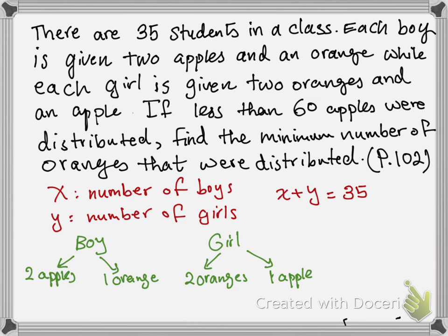Okay, if less than 60 apples were distributed, so we don't know exactly how many apples, but we know it was less than 60 apples.